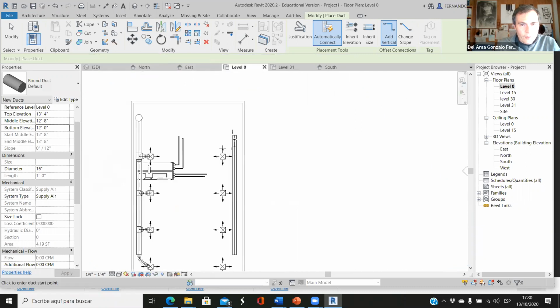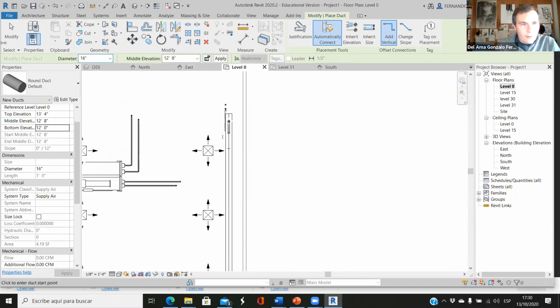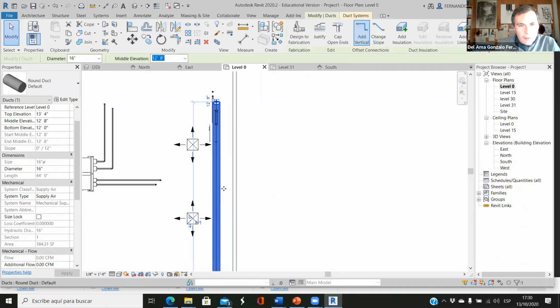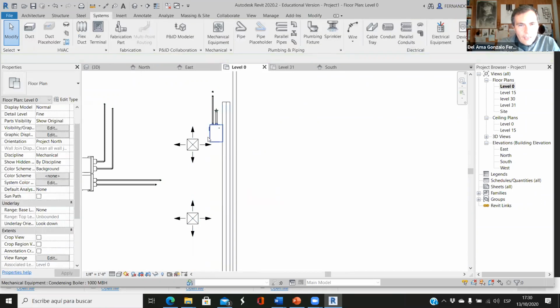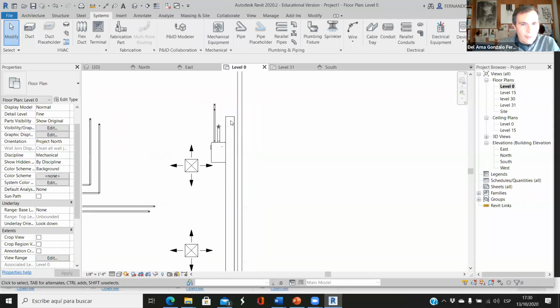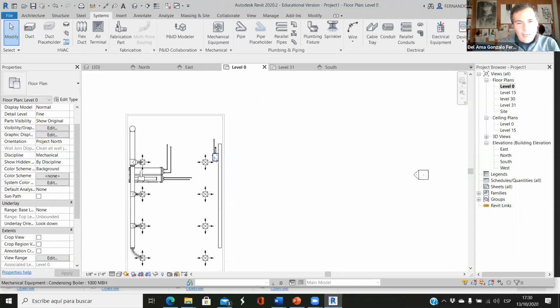But that's what I want you to see, because now when we have a lot of ducts, pipes and all that stuff, we have to be careful and we have to make sure that we don't have these kinds of conflicts here. Okay, so the pipes are pipes, ducts are ducts, and we don't have any intersection between pipes and ducts.